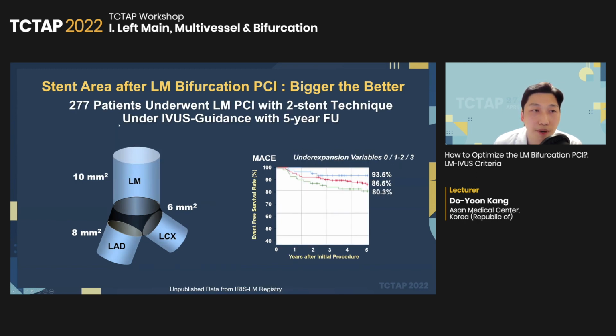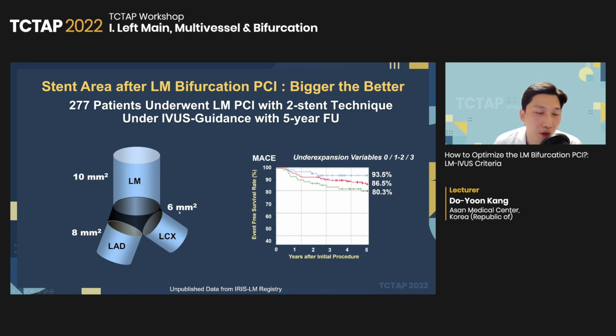And recently, we further gathered 277 patients who underwent left main PCI with the 2-stent technique under IVUS guidance with longer 5-year follow-up. After the first publication, we did the stent expansion further, and we could achieve bigger lumen area.